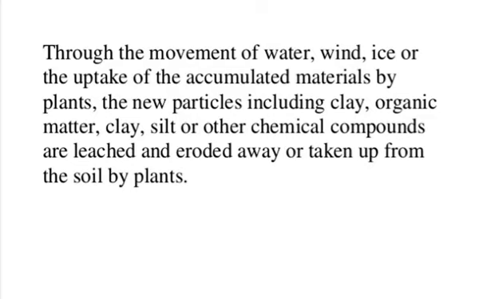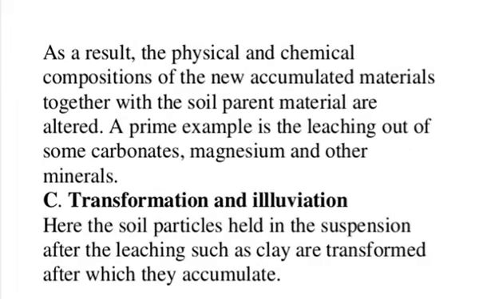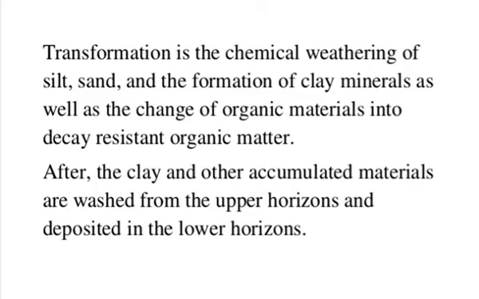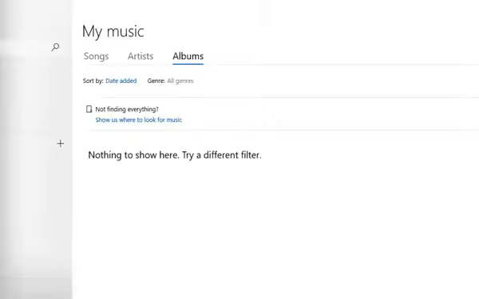Then next is transformation and illuviation. Transformation means here that the soil particles in suspension after the leaching, such as clay, are transformed after they accumulate. Transformation is chemical weathering of silt, sand, and other formation of clay minerals, as well as change of organic materials into decay-resistant organic material. Then illuviation.